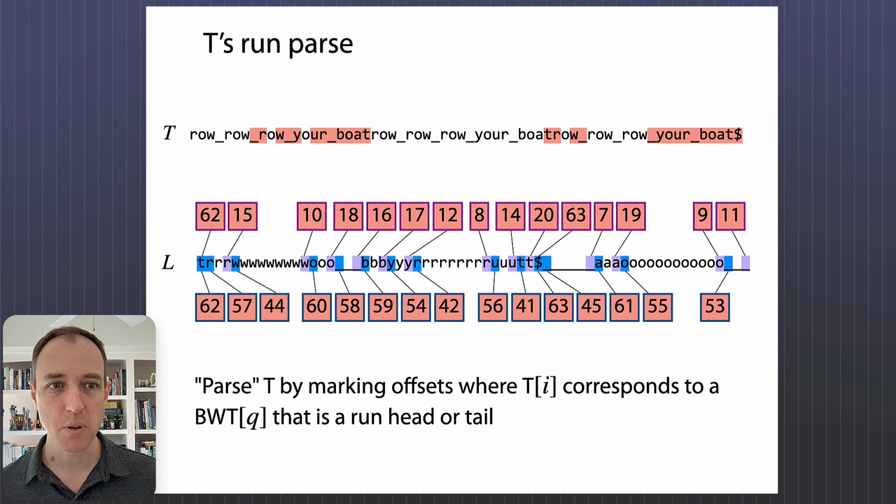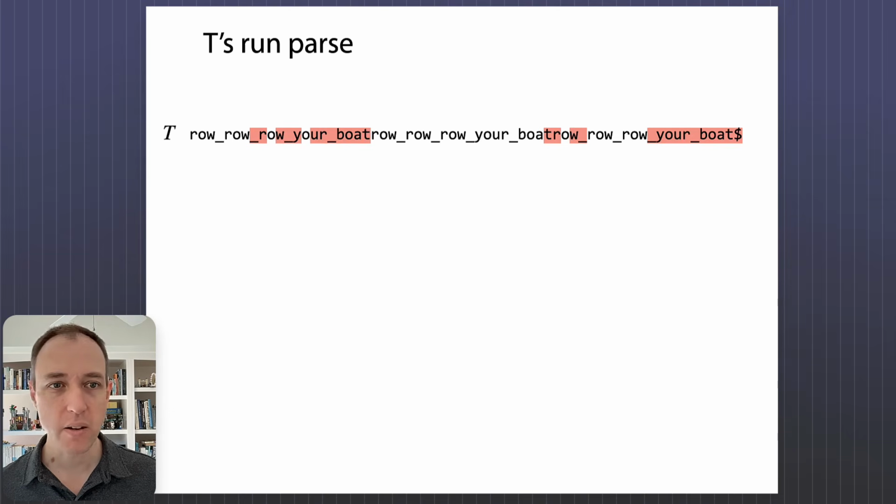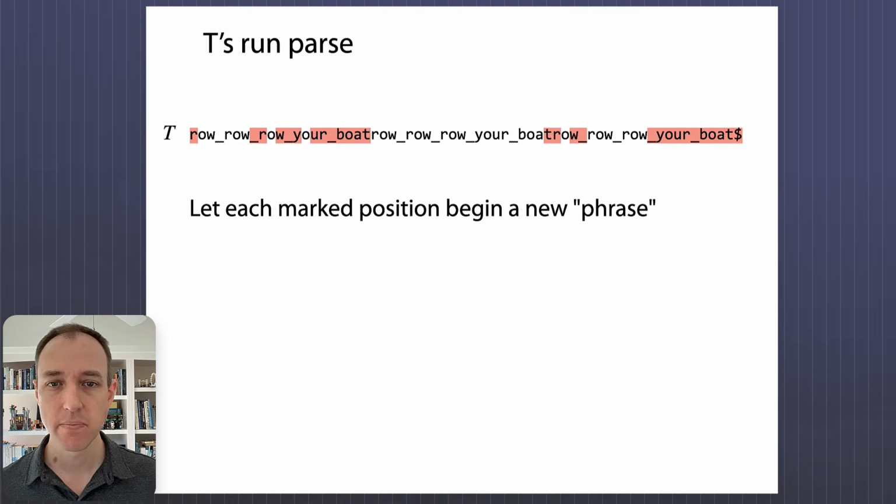And so now we have several marked letters in T. We're going to mark one more letter, which is the first one. So just as a matter of policy, you'll see that these are going to turn out to be the phrase beginnings. So we want to make sure there's always a phrase beginning at the beginning. So we also mark that very first letter of T. And we're going to let each of these positions begin a new phrase.